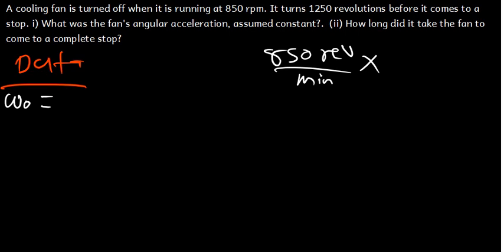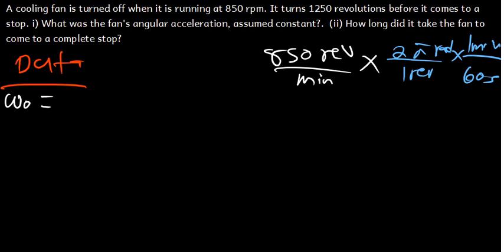To convert this, in 1 revolution we have 2 pi radians, and in 1 minute we have 60 seconds.